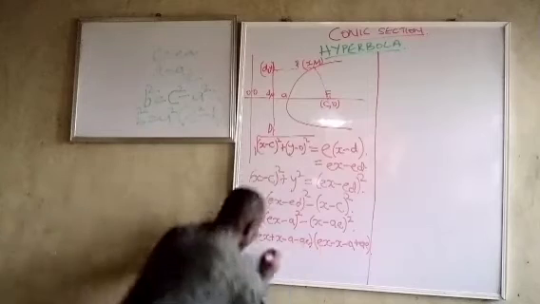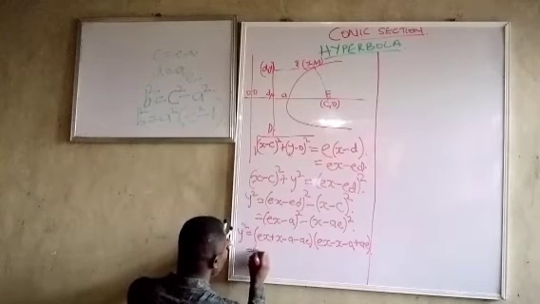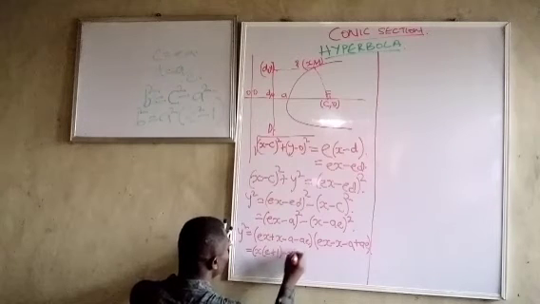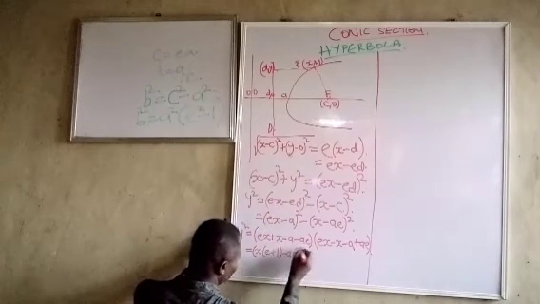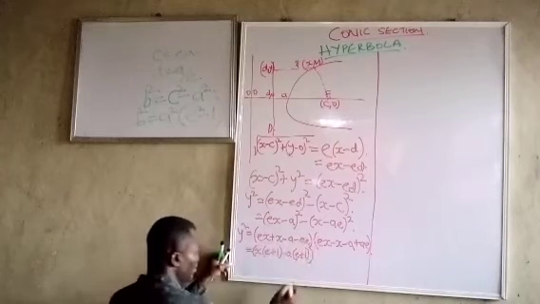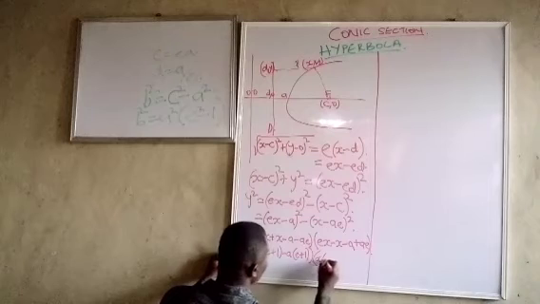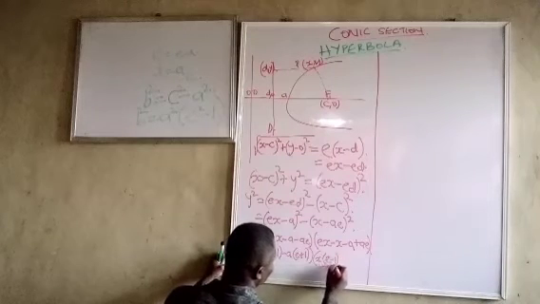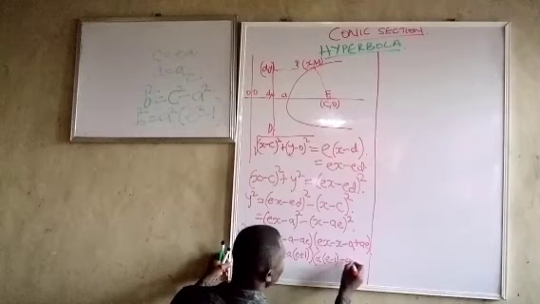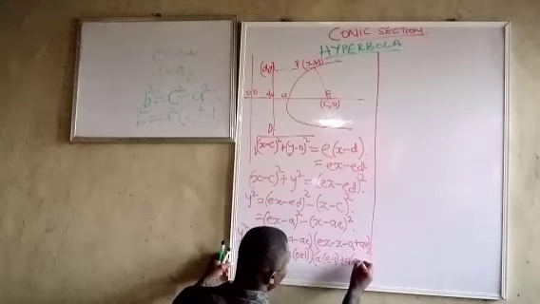So this is going to give x into (e plus 1) minus a into (e plus 1), which is the same thing. This one comes to the front. In this instance too, we are going to have x into (e minus 1) plus a into (e minus 1).